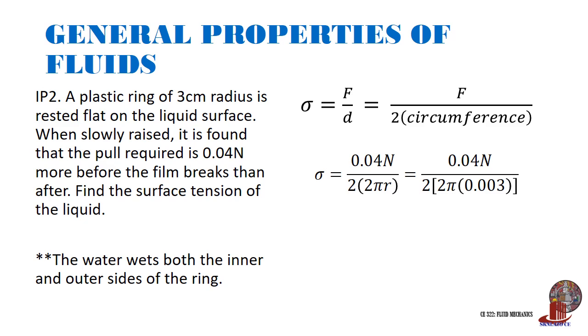If we are going to plug in our values, sigma is equal to 0.04 newtons all over twice the circumference with the formula 2 pi r, which would be equal to 2 times 2 pi times 0.003. After computing, sigma would be equal to 1.06 Newton per meter.